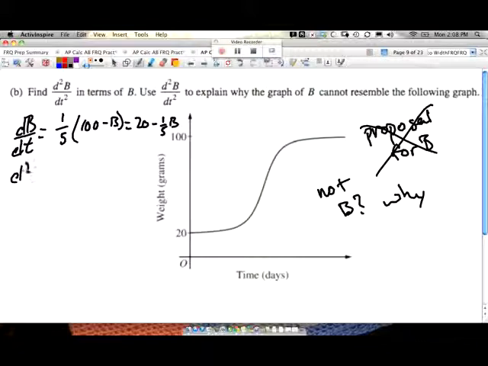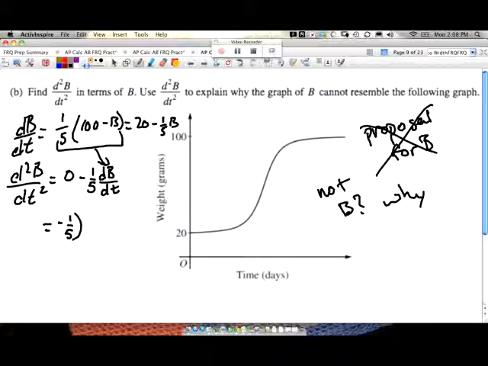Then d squared b over dt squared is going to be 0 minus 1/5 db/dt, and this piece right here gets plugged in there, so that becomes negative 1/5 times 1/5 times (100 minus b).